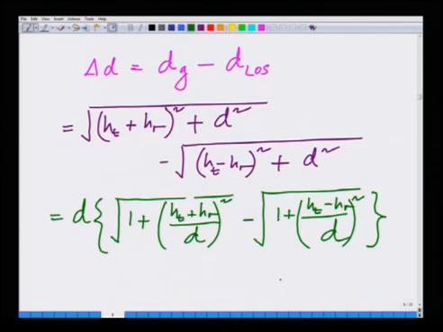And here I am going to use an approximation that HT, HR are much smaller than D. So HT plus HR, HT minus HR, and so on, are all much smaller compared to D.